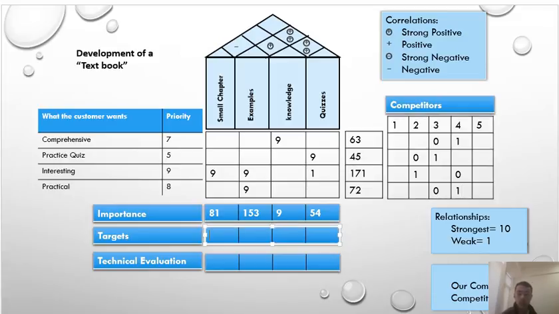So in order to cater to the small chapters part and the interesting part, I would come up with a chapter which consists of 15 to 20 pages. In order to cater to the examples part, my target value would be to come up with more examples. Let's suppose I keep a target of 5 examples in each chapter.